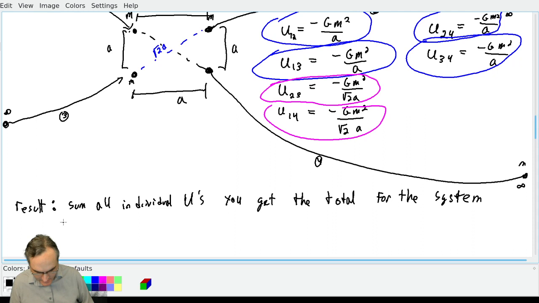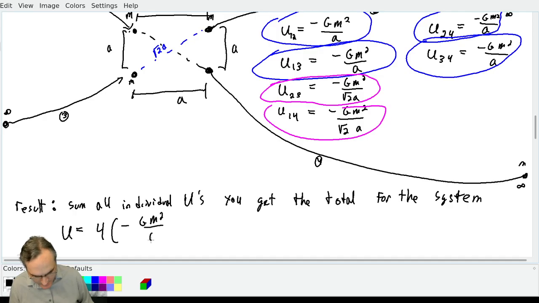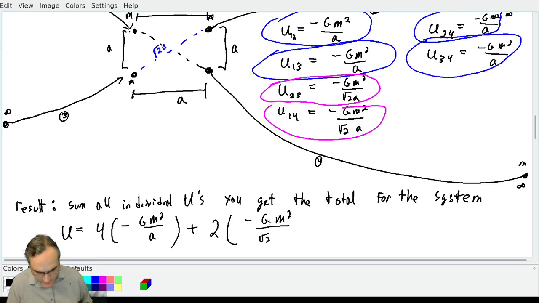So in the end, here's what we get. U for the whole system is 4 times minus G m squared over a plus 2 times minus G m squared over square root 2 a.